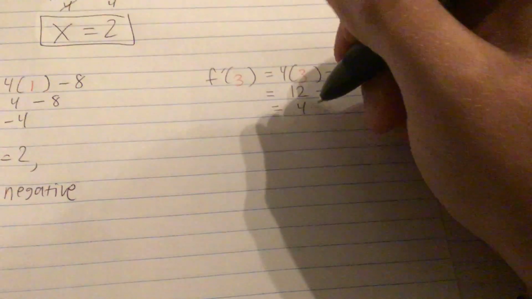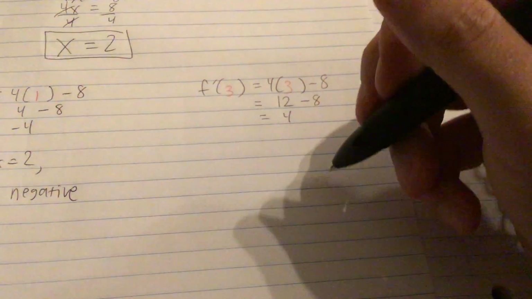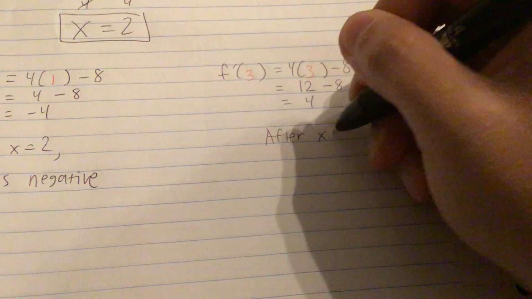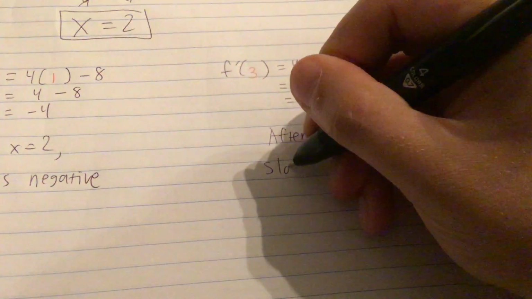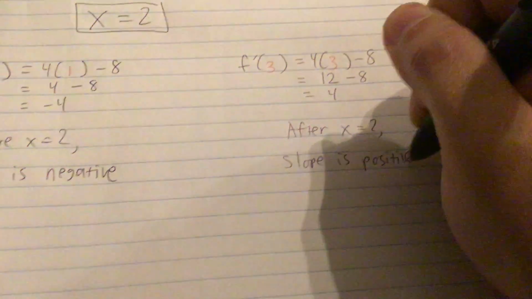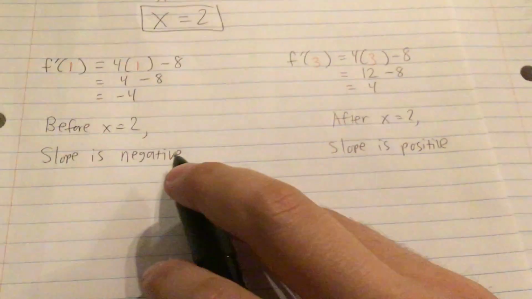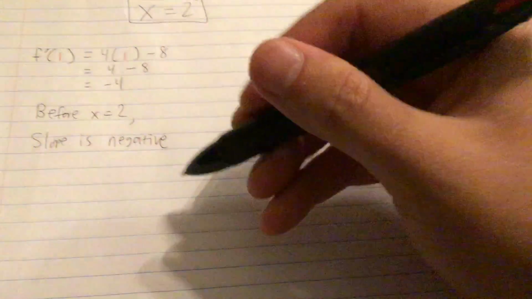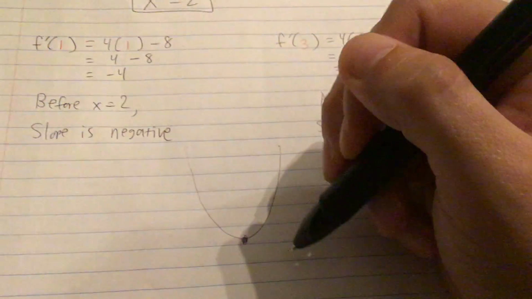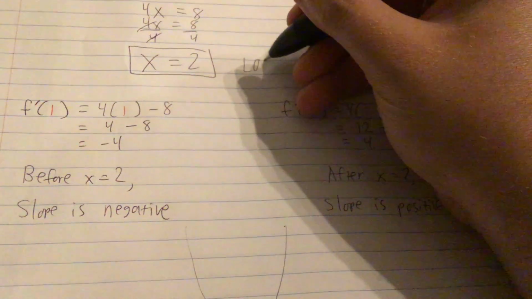I don't care too much about the number, but I do care that the slope after my critical point is positive. So if my graph goes negative to 0 to positive, then that tells me that this coordinate of the critical point is a local minimum.